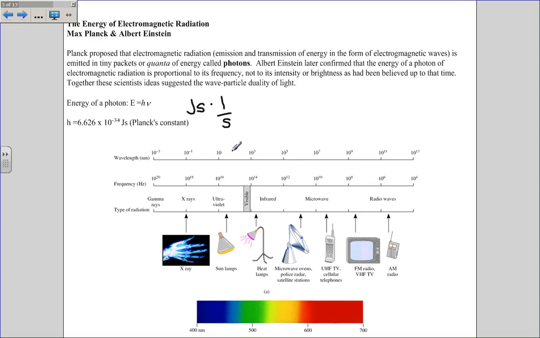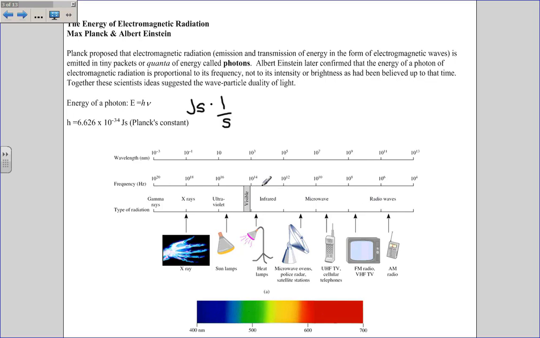Now this relationship makes the electromagnetic spectrum a little bit more clear. It gives the relationship between the energy, the wavelength, and the frequency of certain types of light. So you've seen the electromagnetic spectrum before. It organizes the different types of light from gamma rays to radio waves.